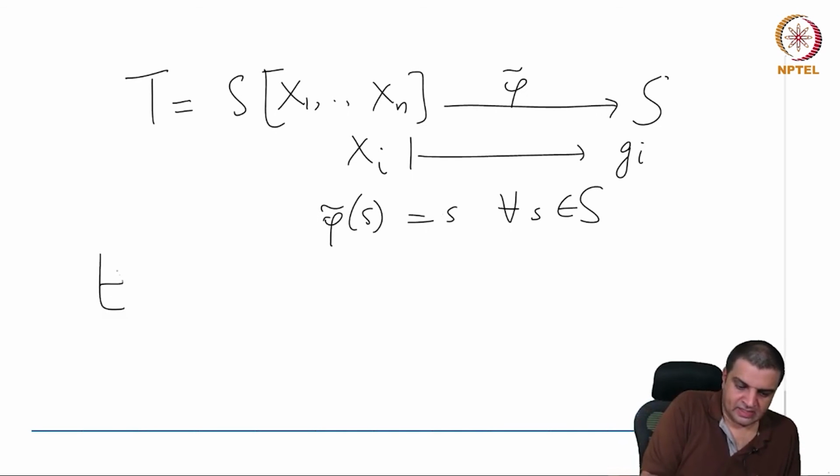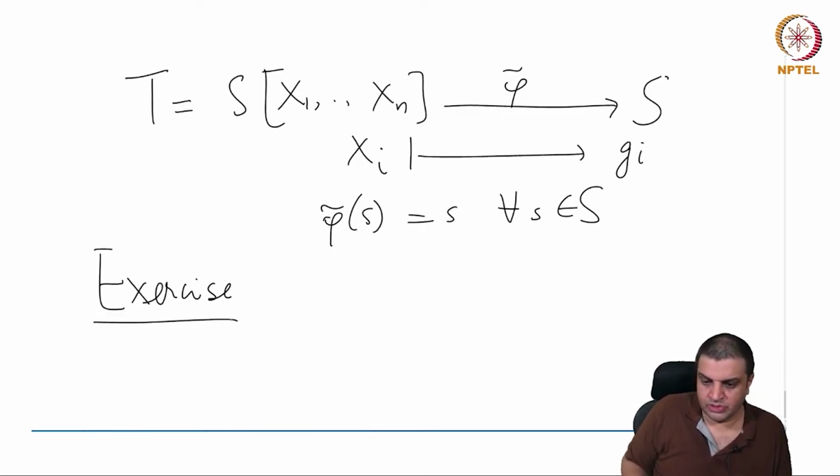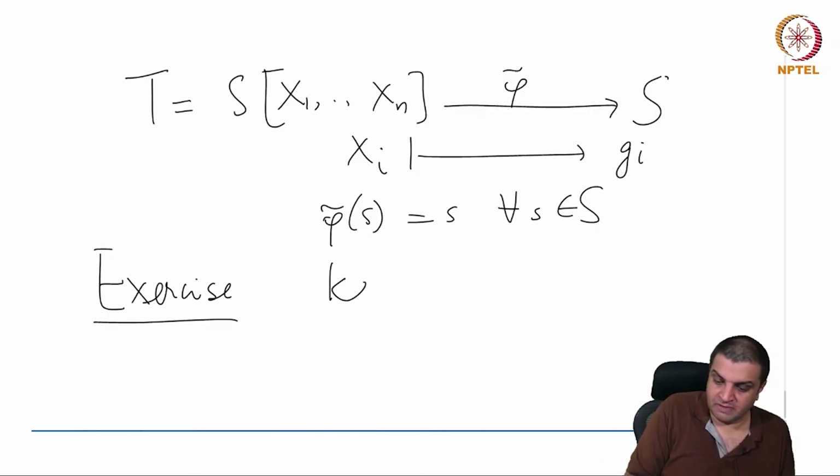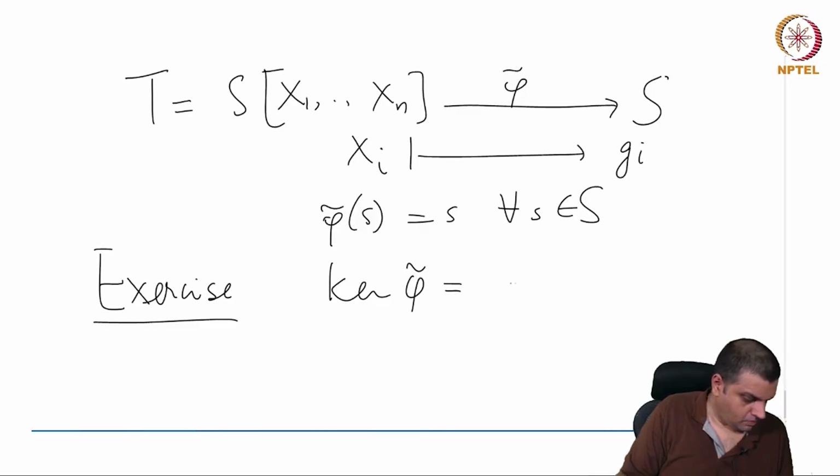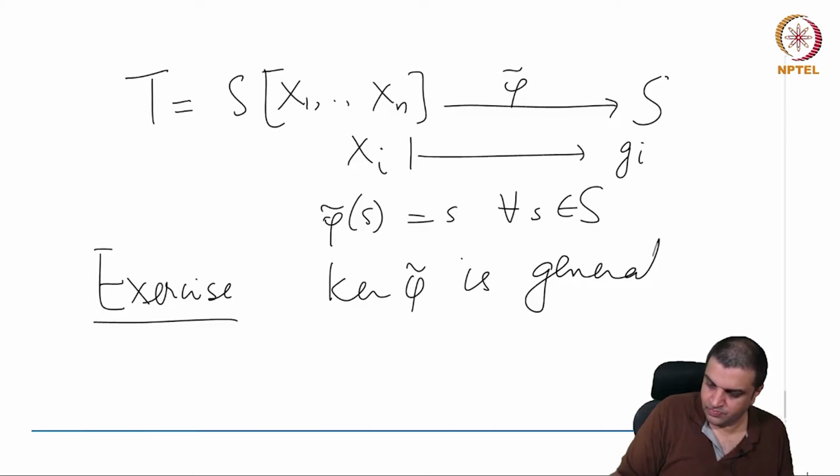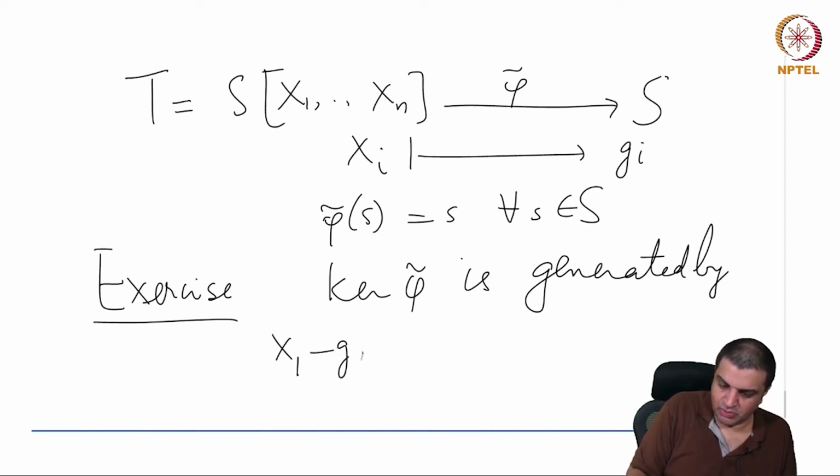It would be an exercise, and this is something similar to what we did in the proof of Nullstellensatz, or a remark before the proof of Nullstellensatz, that the kernel of phi tilde is generated by x1 minus g1 through xn minus gn.